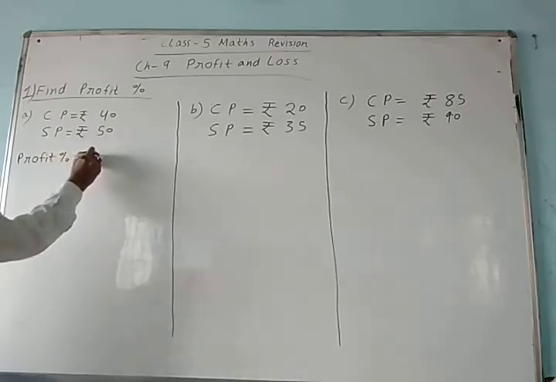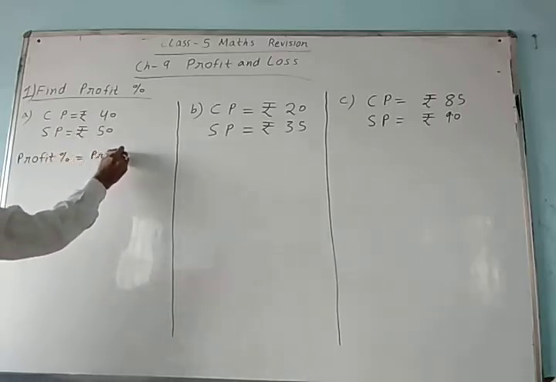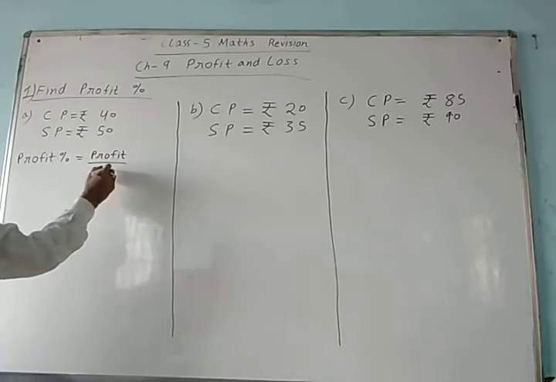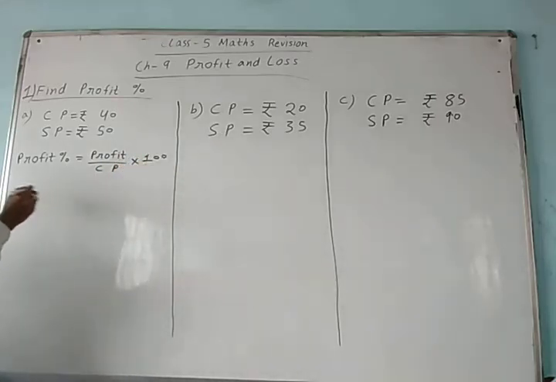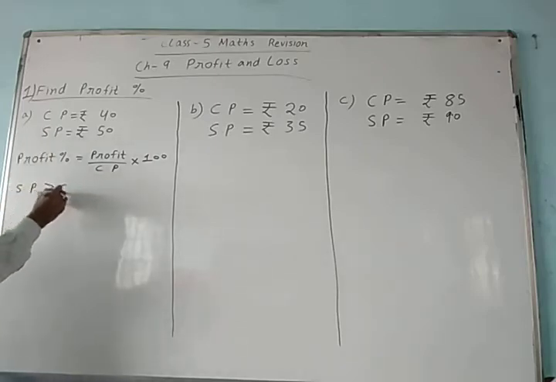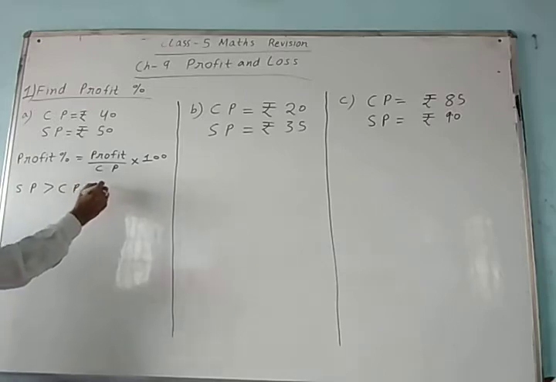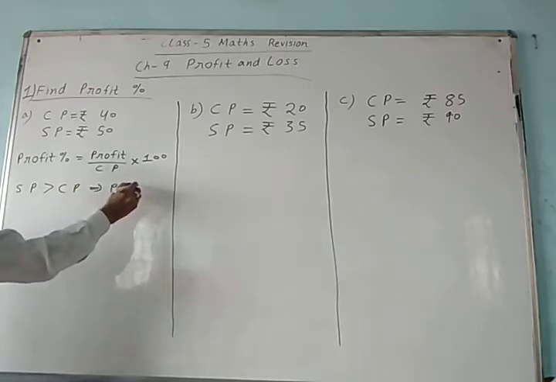Profit percent is equal to profit upon CP into 100. Now student, see here, selling price is greater than cost price. So student, it is profit.